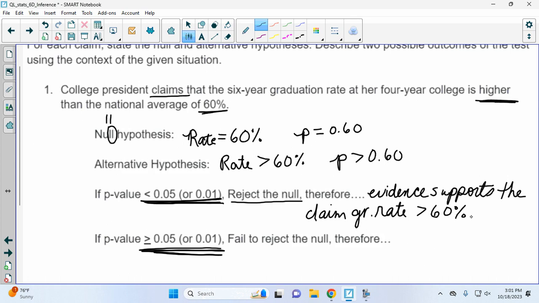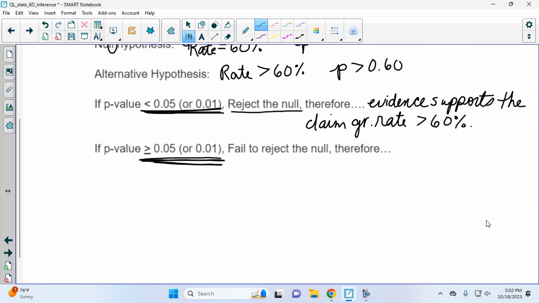If you reject the null hypothesis, as in the data that you collect comes back with a p-value that is less than 0.05, evidence supports the claim that the graduation rate is whatever the alternative hypothesis said. In this case, greater than 60%. However, if we run all the data and do all the tests on it, and it comes back with a p-value that's greater than 0.05, we fail to reject the null.